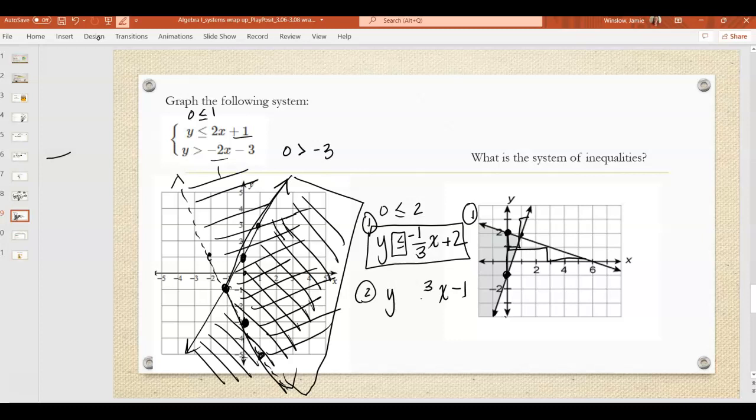So up 3 over 1. And then we'll just decide 0, 0 is a solution because it's shaded over 0, 0. So is 0 greater than negative 1? 0 is greater than negative 1. And we'll have the equal to since it's a solid line. You could always graph these two in Desmos and make sure that they match.